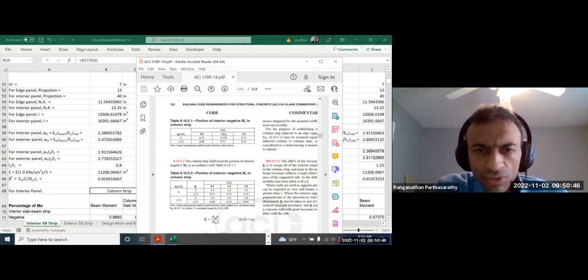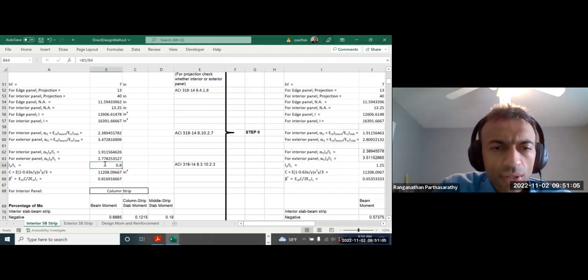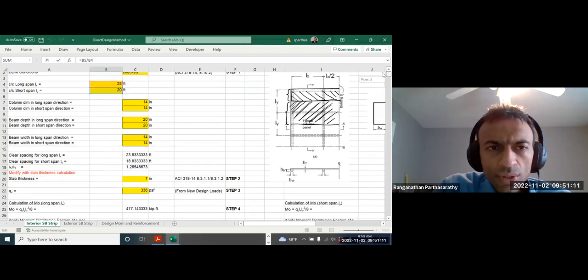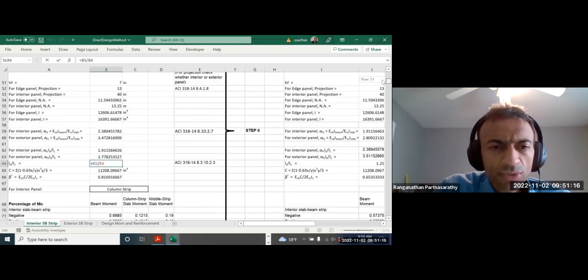Our alpha F1 L2 by L1 is more than 1, that's fine, and L2 by L1 is 0.8 for us.